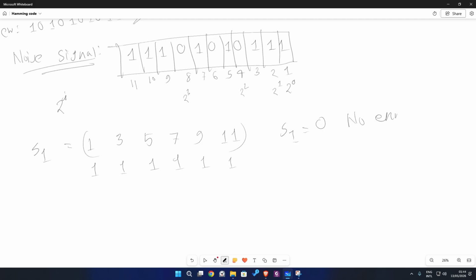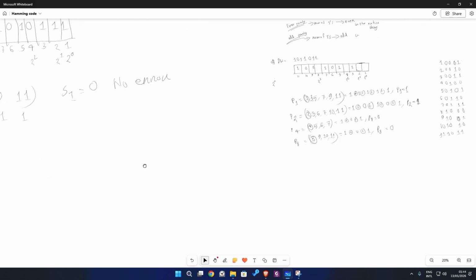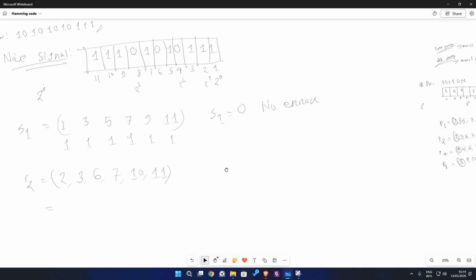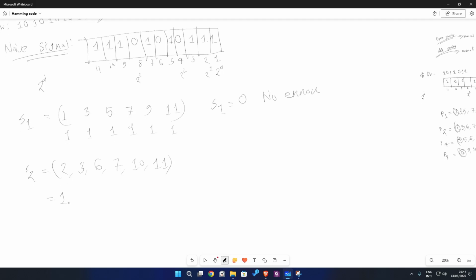Now for S2, it will be 2 3 6 7 10 11. In the second position we are seeing 1, in the third position again 1, sixth position 0, seventh position 1, tenth position 1, and eleventh position 1.